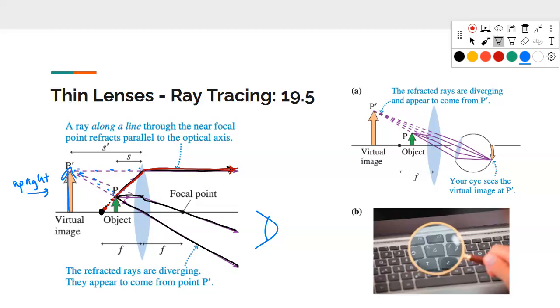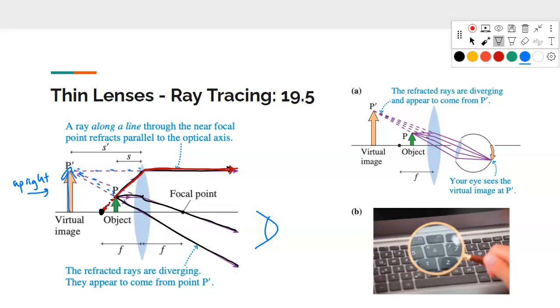And our eye interprets that as some bigger thing farther away, which is what you will experience if you go home and look through a magnifying glass. You'll see that it looks as if, for the case of this keyboard, for example, that we have this bigger keyboard that's farther away than in reality.